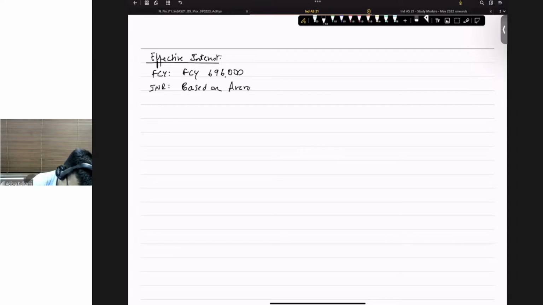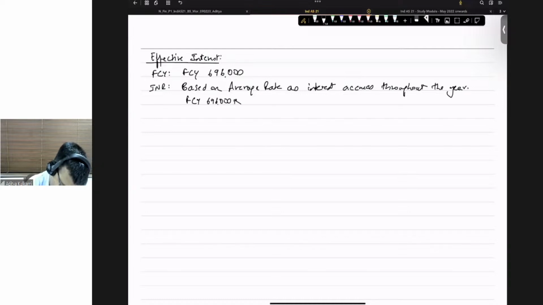Based on average rate, as interest accrues throughout the year. So what is the average rate?